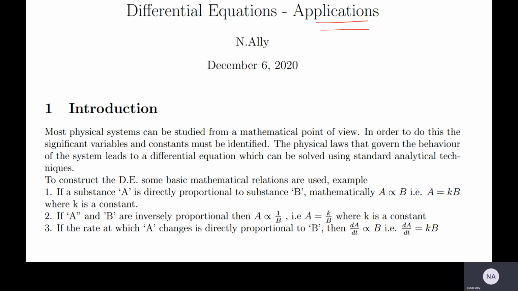But we're going to look at applications of growth and decay. Now, in reality, we get so many different situations where we see growth and decay.